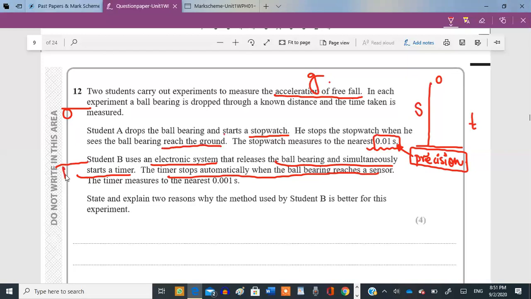The sensor is attached over here, and as soon as the ball bearing hits the sensor, the stopwatch is stopped. So a more accurate method, because as soon as the ball bearing hits it, it will automatically stop. And the precision is smaller. It's 1/10 of that time. It's 0.001. Over here, it's just 0.01. So this is a better precision.